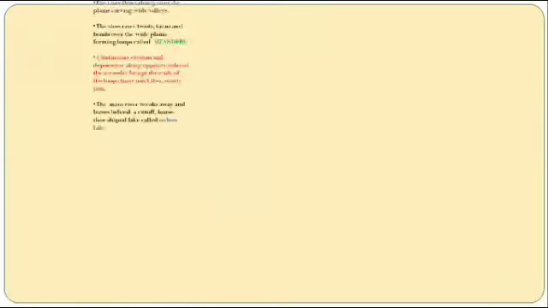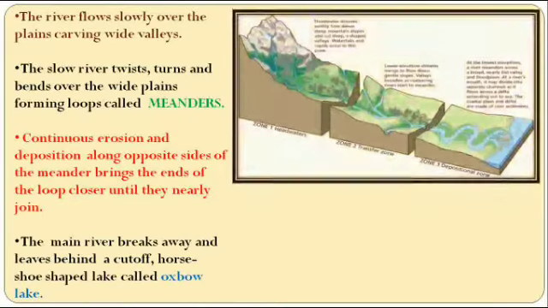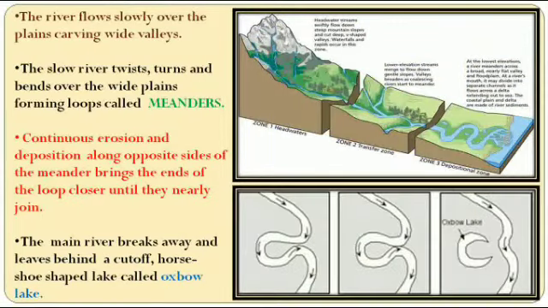Then let us come to the other features of river formations. The river flows slowly over the plains, carving wide valleys. As you have just seen, the flow of the river is faster in the highland area, but in the lower areas the flow is not as speedy, it is slow, but it makes turns and twists.